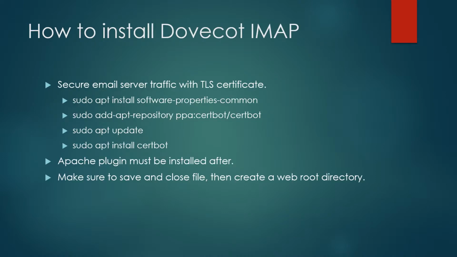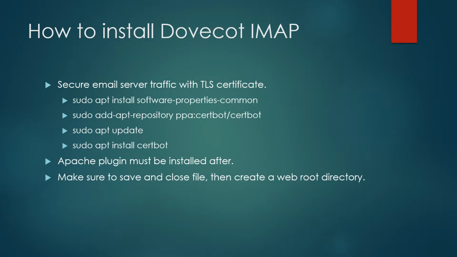Let's talk a little bit about how to install Dovecot and IMAP. First, you'll need to secure your email server traffic with a TLS certificate. You can easily obtain a free TLS certificate from Let's Encrypt.